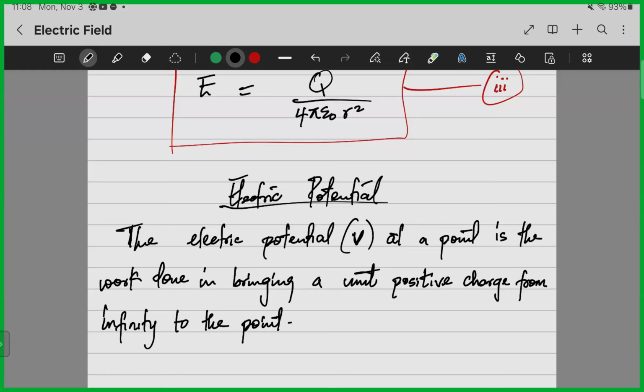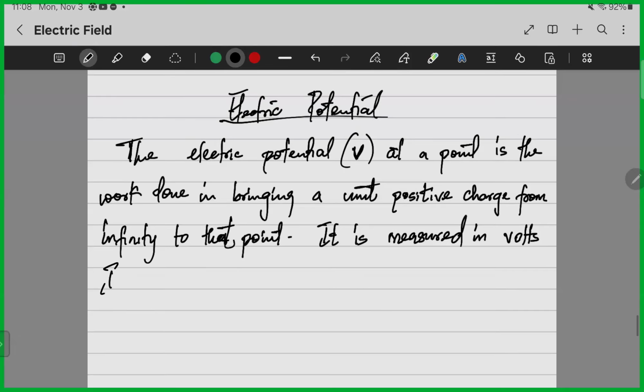Electric potential at the point is the work done in bringing a unit positive charge from infinity to that point. It is measured in volt. Keep that in mind. And this time around, it is a scalar quantity.